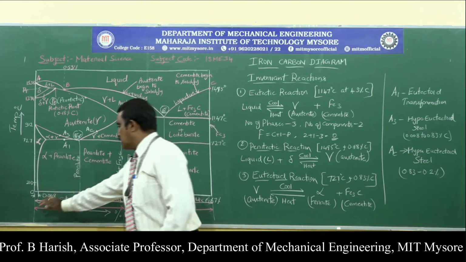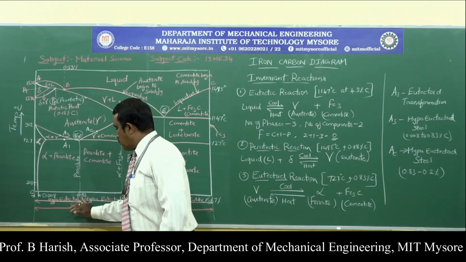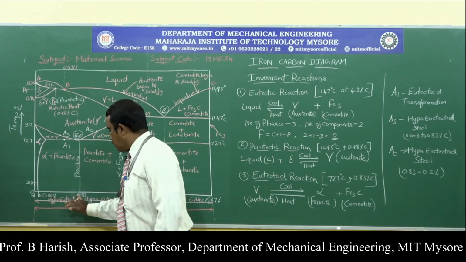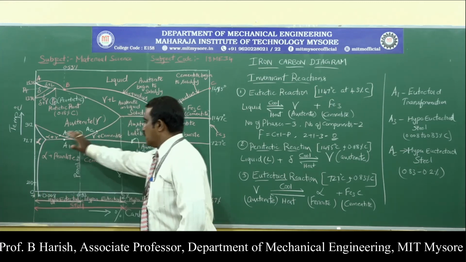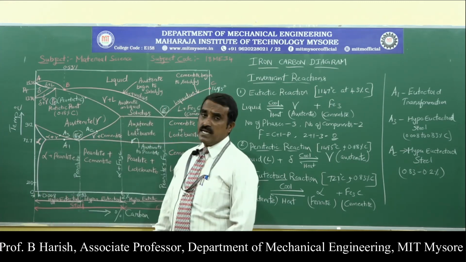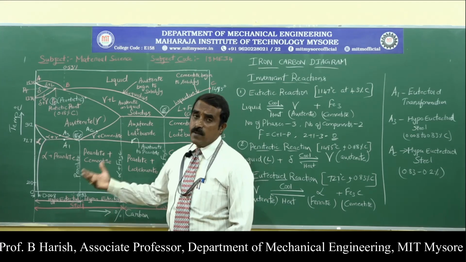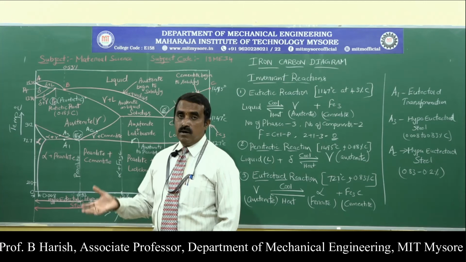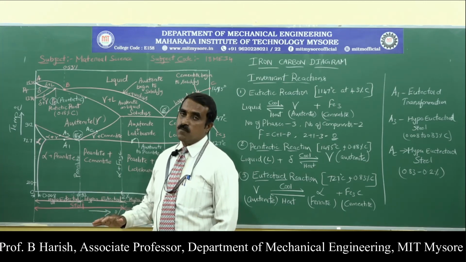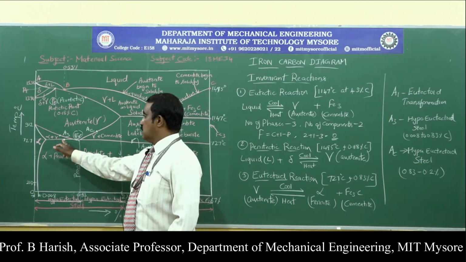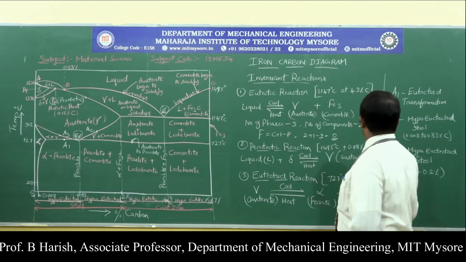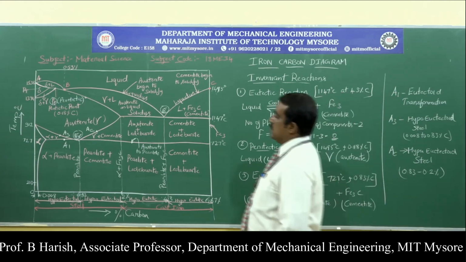So hypo-eutectoid steel is generally from 0 to 0.83, but here it is from 0.008 to 0.83. So a major transformation takes place here, and that is one more critical temperature, A3. Then next, Acm.